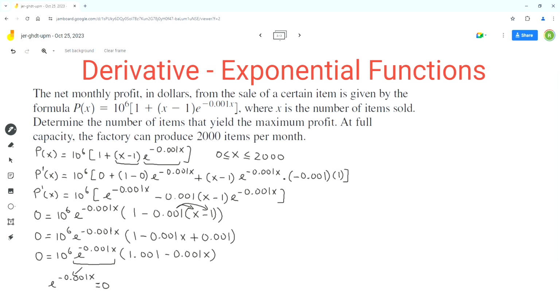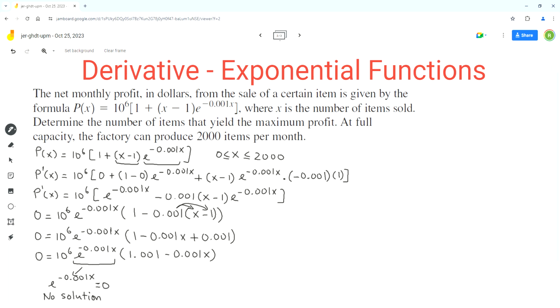Now there is no x value that will make this E term equal to 0. So from this case we get no solution. Now 10 to the power 6 won't give us a solution because it's just a number, a constant.